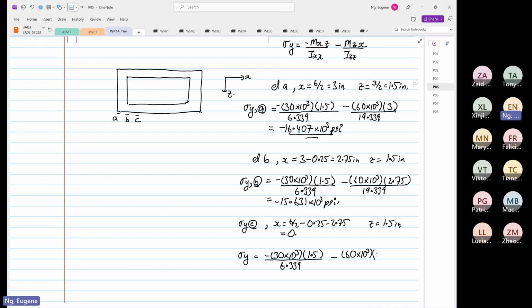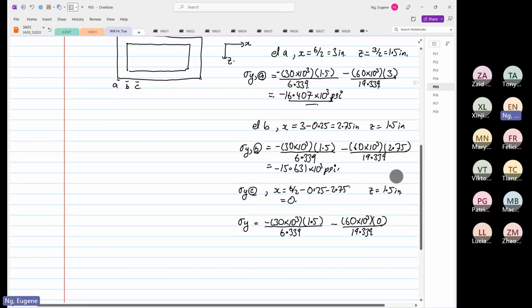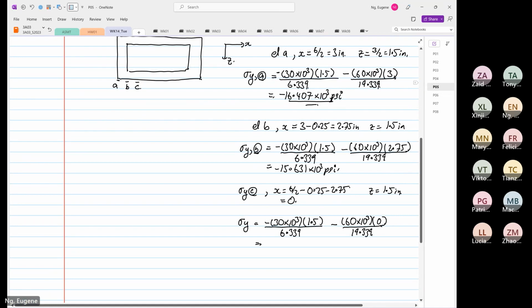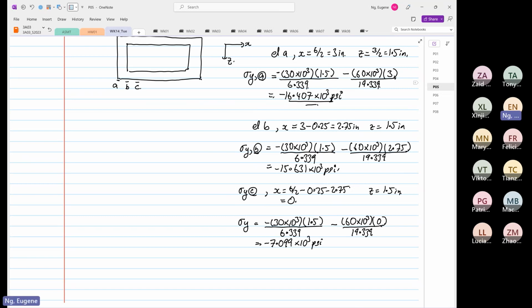The x distance equal to 0, right? So divide by 19.339. So this will be equal to 30 power 3 times 1.5 by 6.339 minus 7.099 times 10 to the power 3 psi. Okay, so we have all the normal stress sorted out.